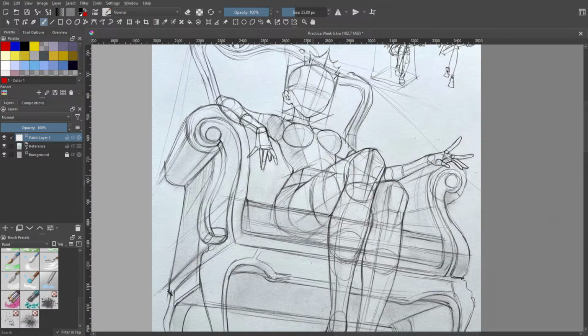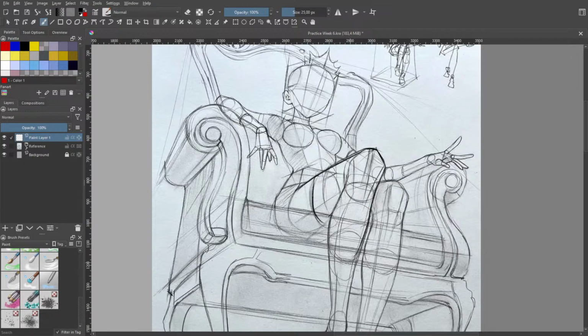Here you have the contour lines, right? All is looking very nice.